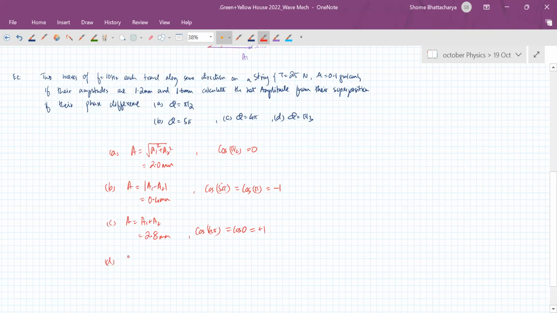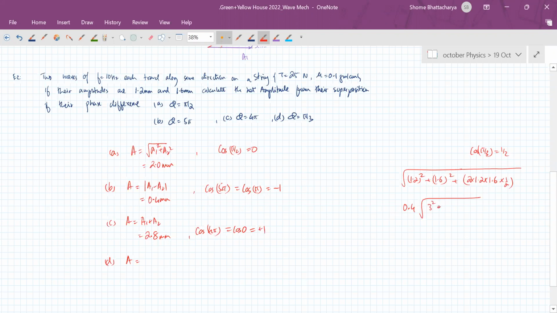The D part is the one where we have to do a bit of calculation. It's root of 1.2 square plus 1.6 square plus 2 into 1.2 into 1.6 into cos pi by 3, which is cos 60, is half. So we can take 0.4 common.